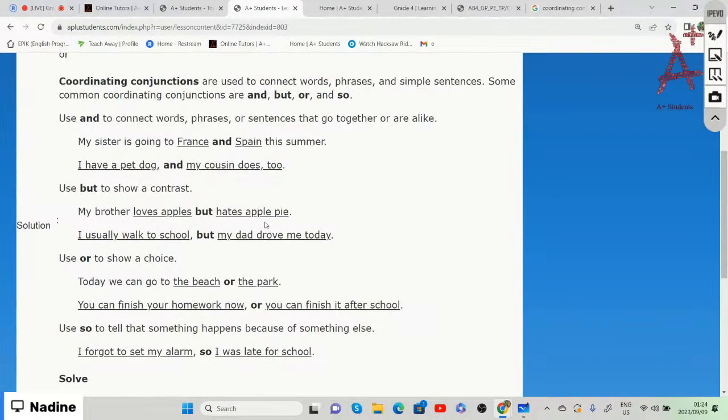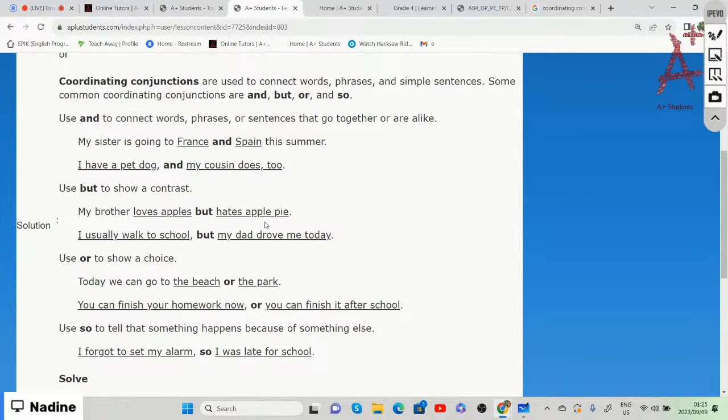So we use and to connect words, phrases, or sentences that go together or that are alike. An example of that is: my sister is going to France and Spain this summer.